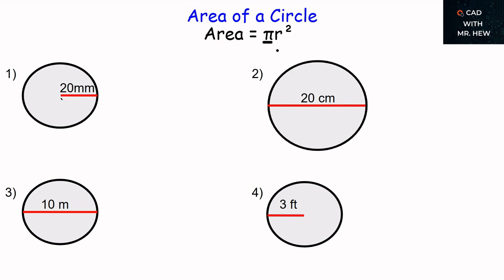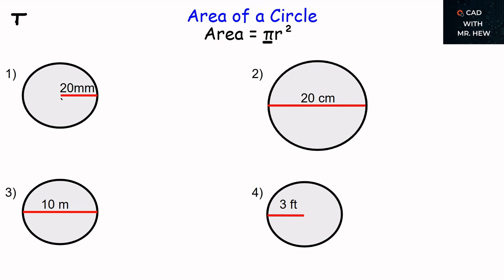All right, so pi is the same for every circle, regardless of the size or the unit of measurement. This is the value for pi.